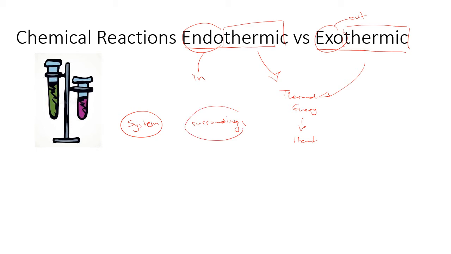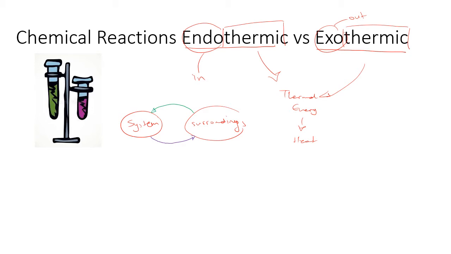If we have an exothermic reaction going on, exo means out, so thermal energy will be going out of the system to the surroundings. For endothermic reactions, we said endo means in, so the system accepts energy from the surroundings. Energy is going into the system from the surroundings.